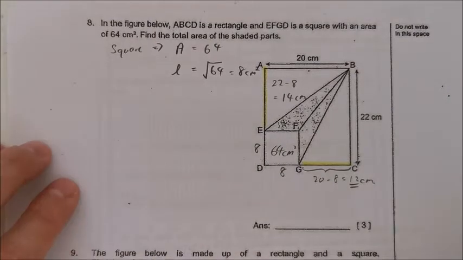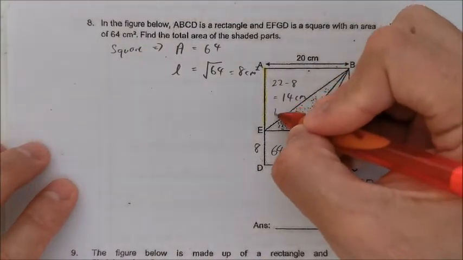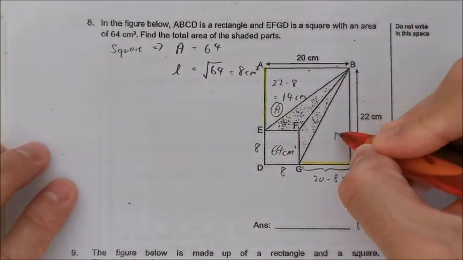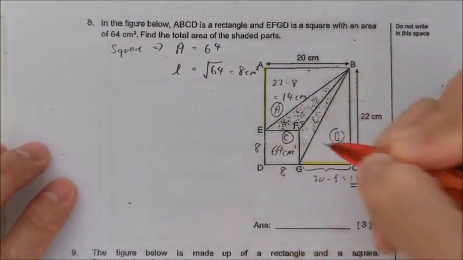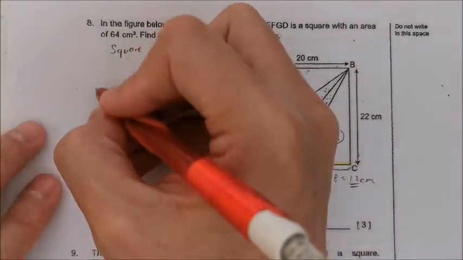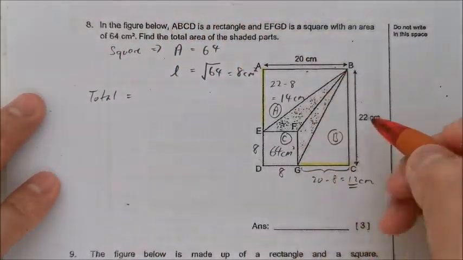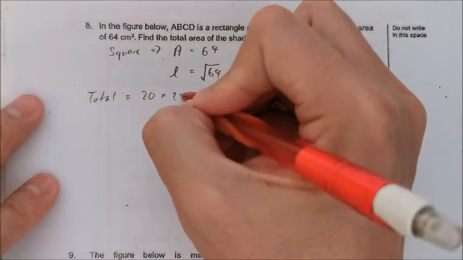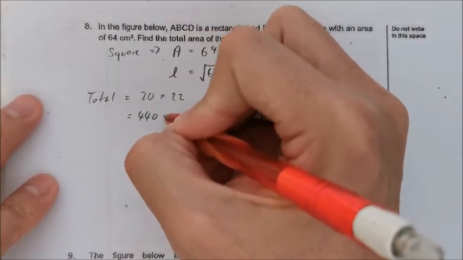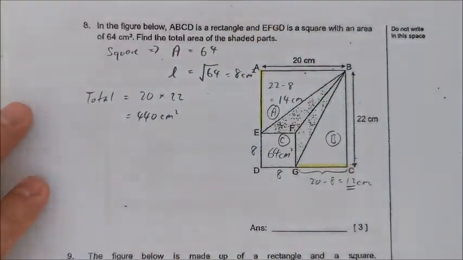Okay guys, so first of all, can I classify this as area A, area B, and area C? So I just need to find the total. So the total equals 20 times 22, 440 square centimeter.